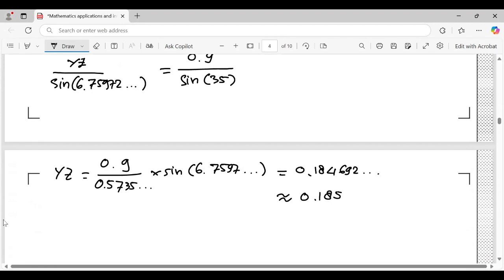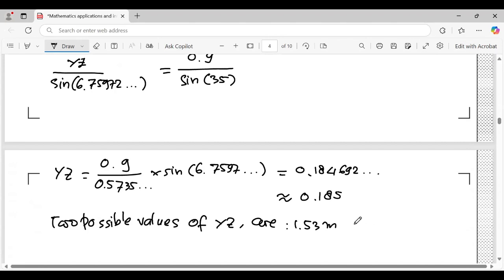So there are two possible values of YZ, which are 1.53 meters and 0.185 meters.